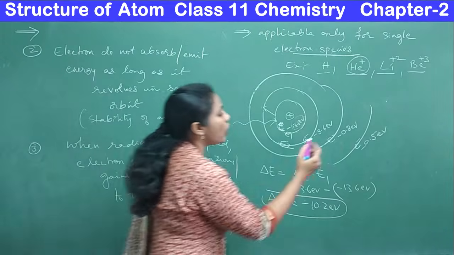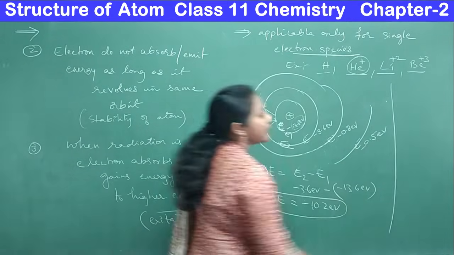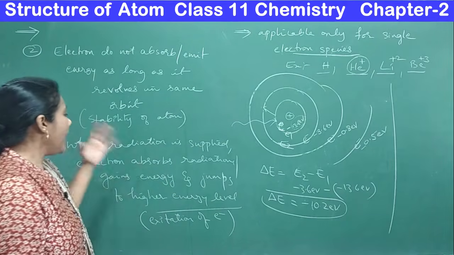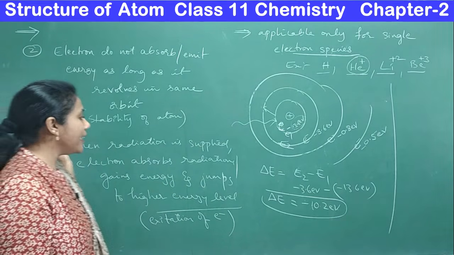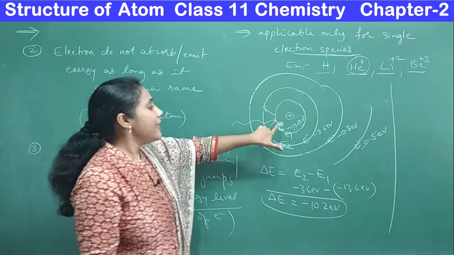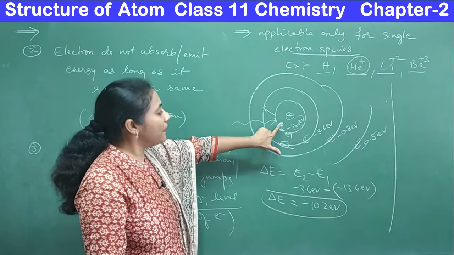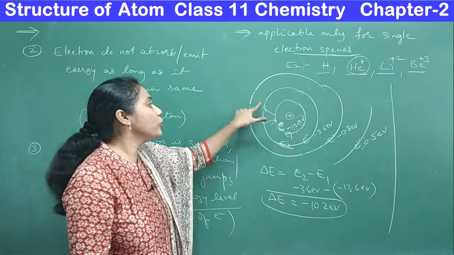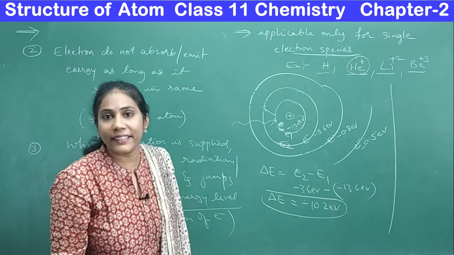And now I will talk about de-excitation of electron. So now you understood, when I supply radiation or energy from outside, the electron is able to jump from a lower energy level to a higher energy level, like 1 to 2, 1 to 3, 1 to 4, like that.